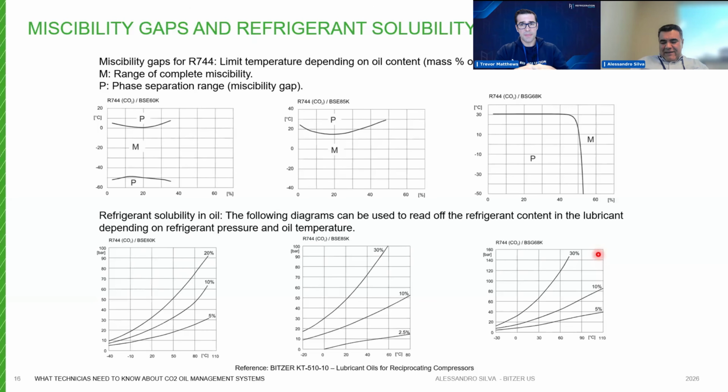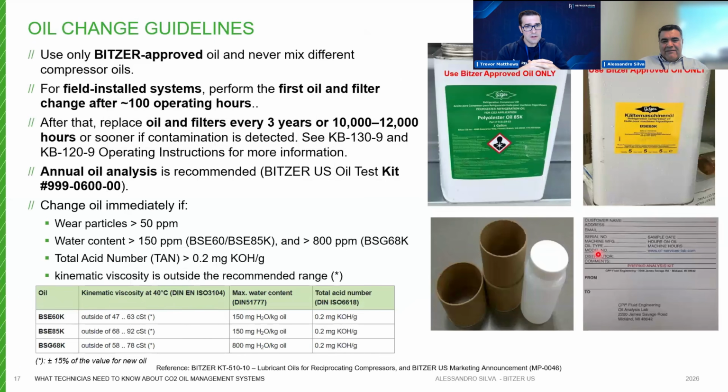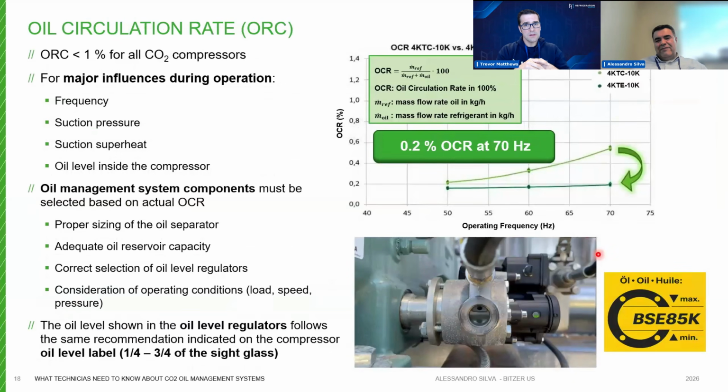Yeah, I think I put the oil circulation ratio in here somewhere. There you go. My friend Emmanuel Reichel from Bitzer Germany provided me with this information some time ago. In general, the oil circulation rate is less than 1% for basically all bitter CO2 compressors, especially for the new series, the TE series, compared to the previous ones, the TC.